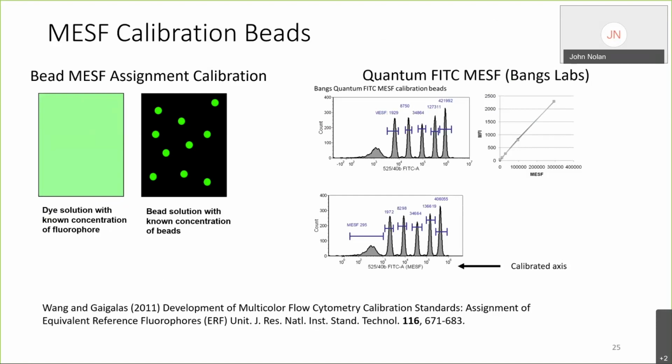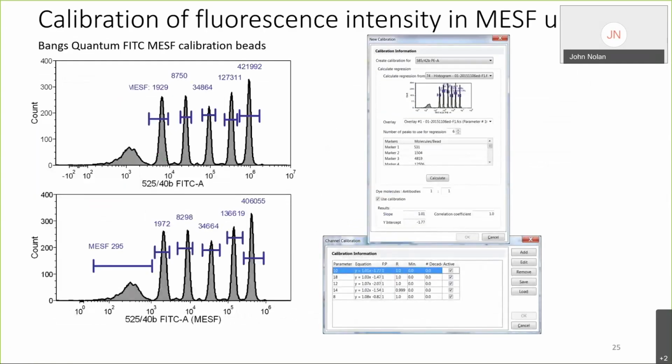These are commercially available, and they allow one to calibrate the arbitrary fluorescence intensity axis that's reported by the instrument into absolute units of molecules per particle, molecules of fluorophore per particle. It's a simple linear regression transformation that's made easier by some of the third-party software packages.